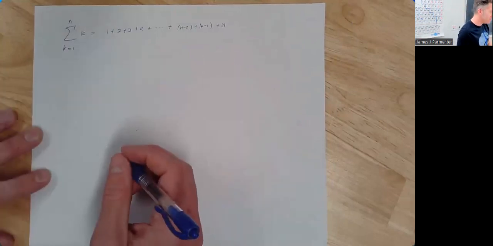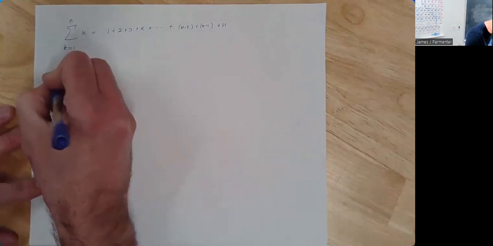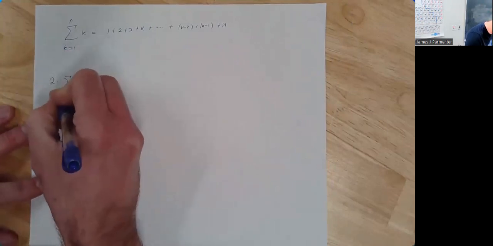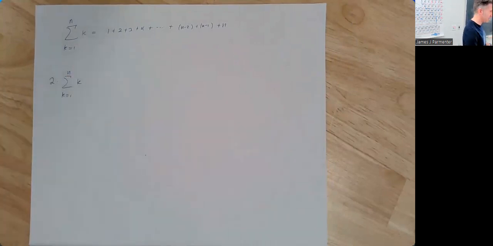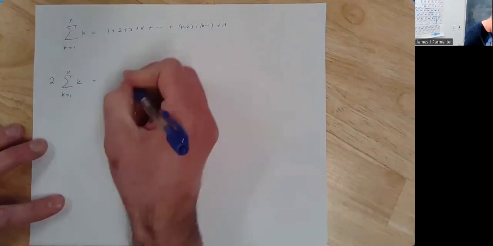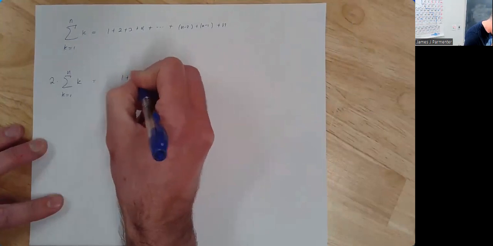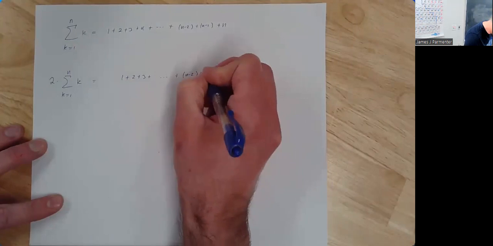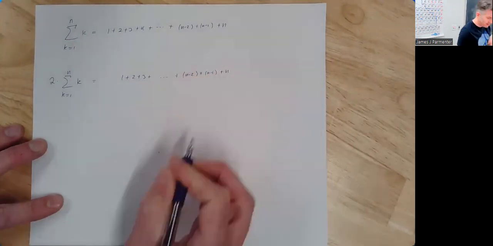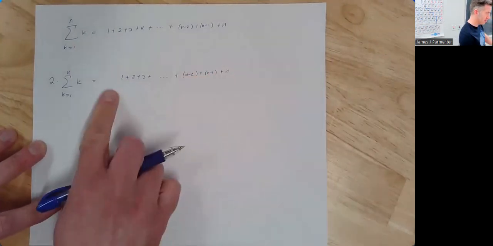Here's what we're going to do. We're going to add up two of them. So I'm going to do 2 times the sum from k equals 1 to n of k. So I'm going to do 1 plus 2 plus 3 plus all the way to n minus 2 plus n minus 1 plus n. Before I write down the next part, this is an easy question.